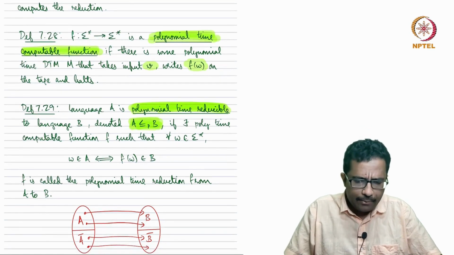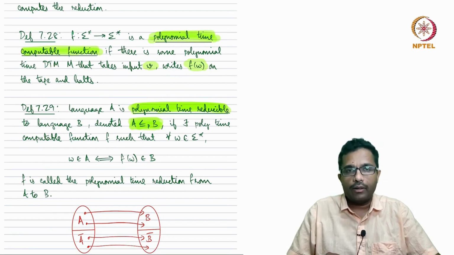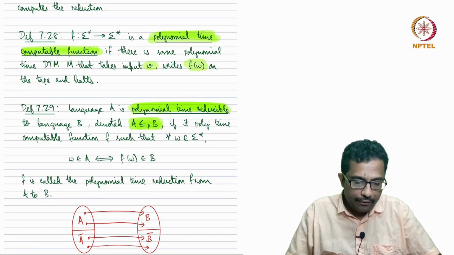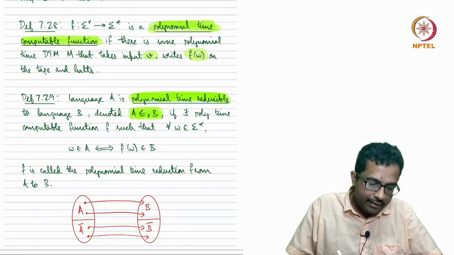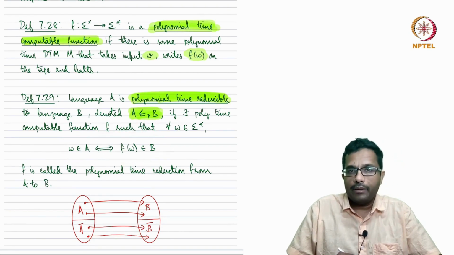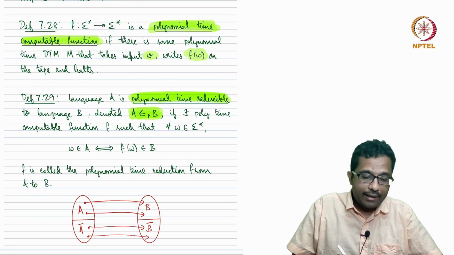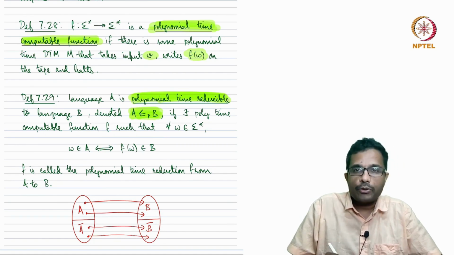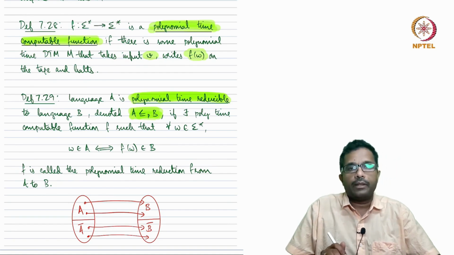This is very similar to the notion of mapping reductions or many one reductions that we saw in chapter 5. The only difference is that, even there we had w in A then f(w) is in B, here we are insisting that the function that constitutes the reduction, the function f, should be polynomial time computable.